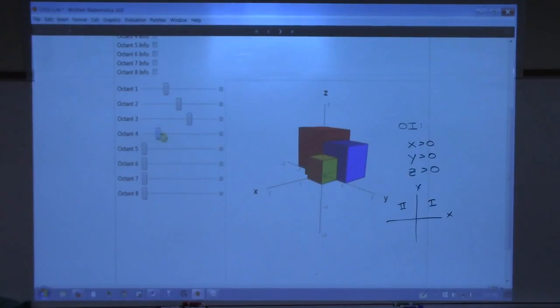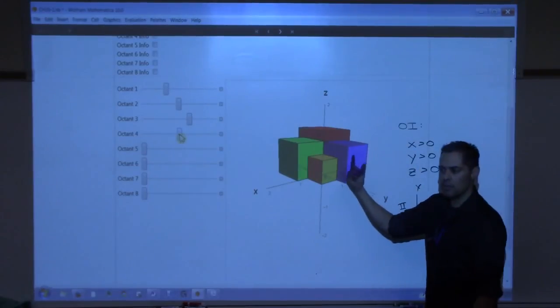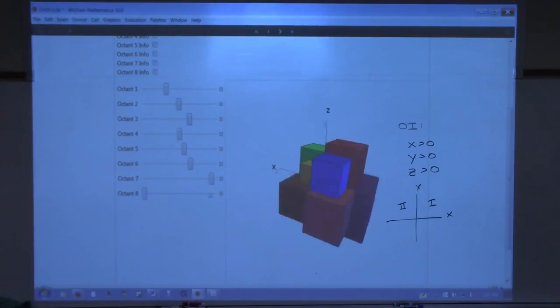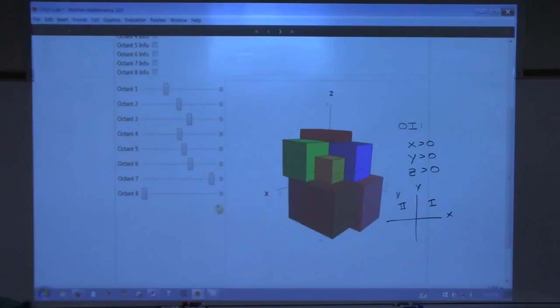Octant 4 is right above quadrant 4. Yeah? Do y'all see the 4 octants? And then the 5th octant is below the 1st octant. The 6th is below the 2nd. The 7th is over there below the 3rd. It's like a Rubik's Cube. And then there you go. There are your 8 octants.